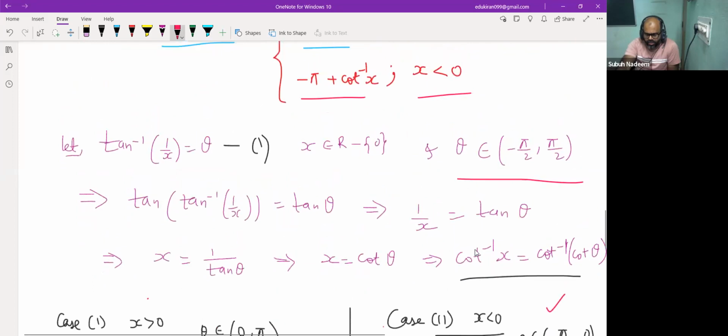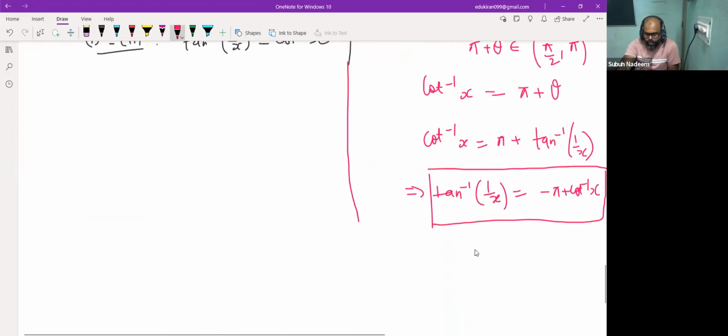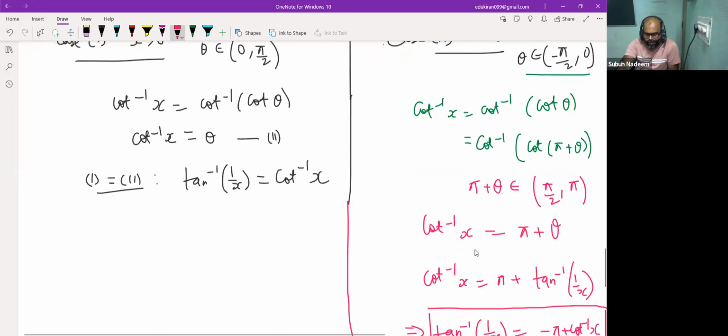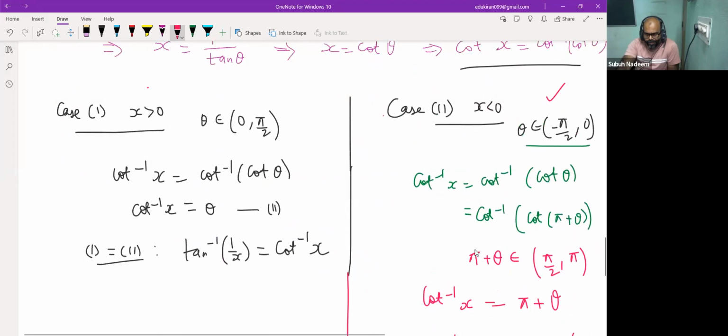So write these two cases. I will scroll down when you have written till here. So it is all the game of principal value. Everywhere you will see that principal value will play some role.